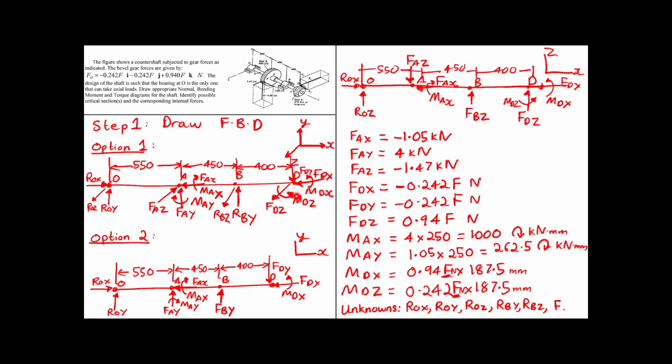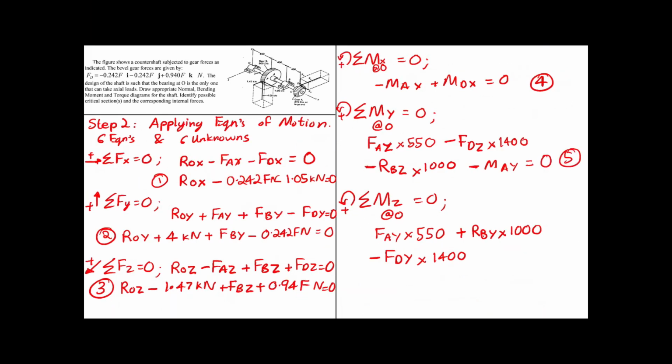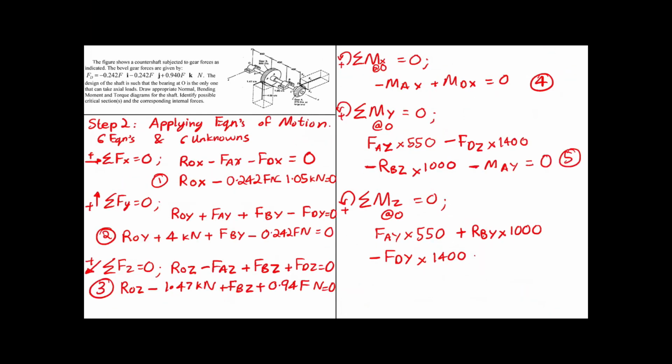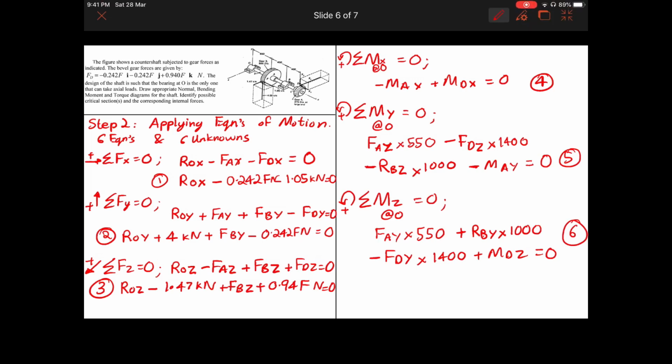If we come back here, in the z-axis we just have MDZ. We don't have any other moment. That moment MDZ was counterclockwise, so it will be plus MDZ equals 0. So these are the 6 equations for which we can solve for the 6 unknowns.